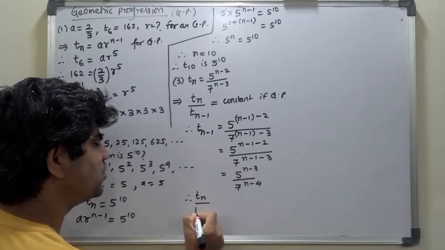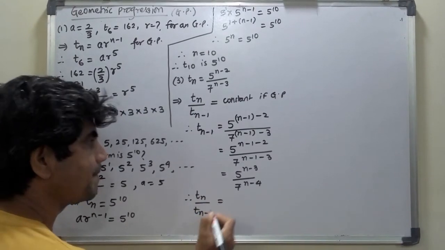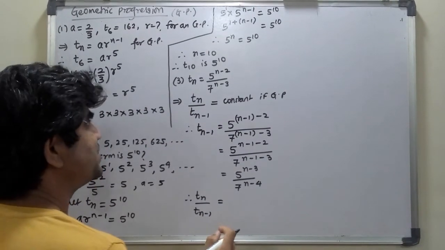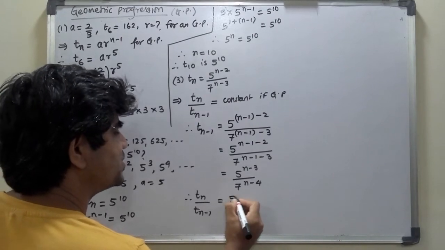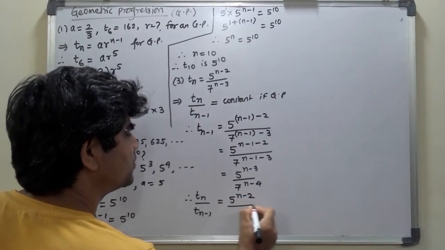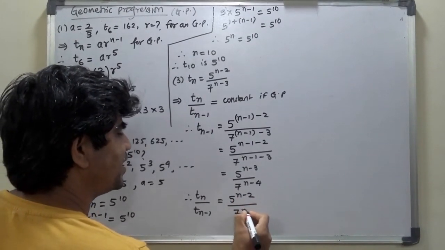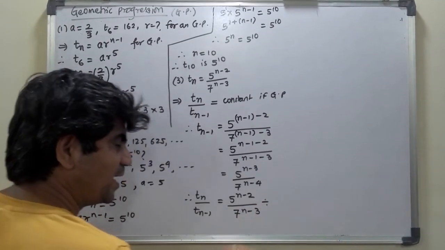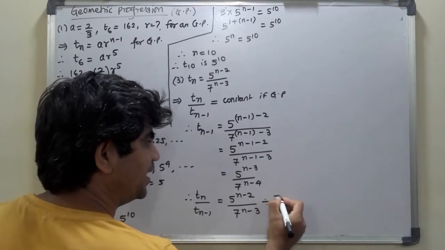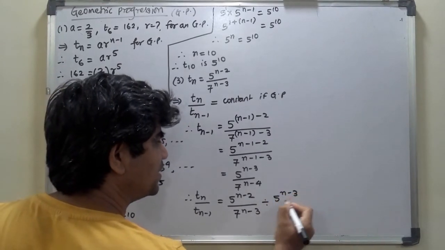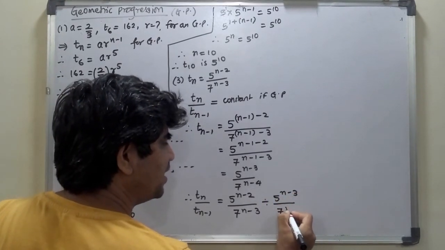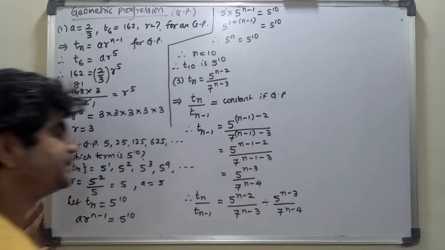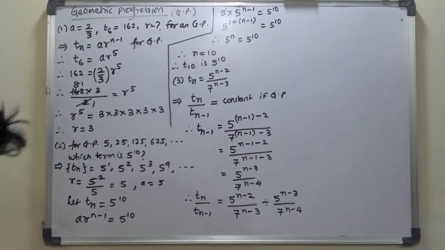Tn is to Tn minus 1. Tn is 5 raised to n minus 2 and 7 raised to n minus 3, divided by Tn minus 1, which is 5 raised to n minus 3 and 7 raised to n minus 4. Agreed?